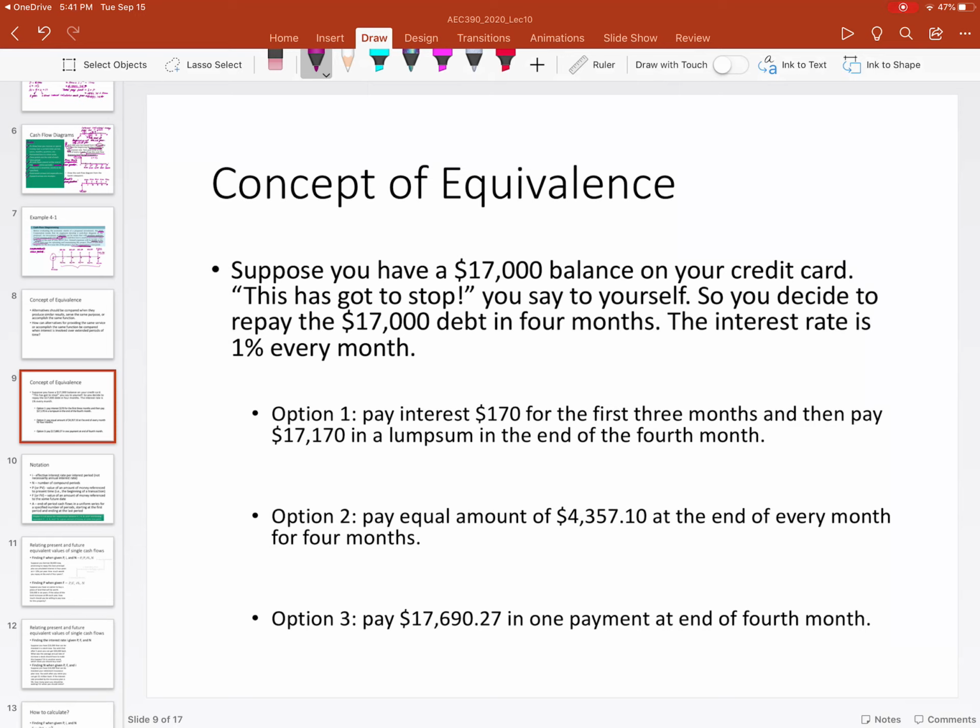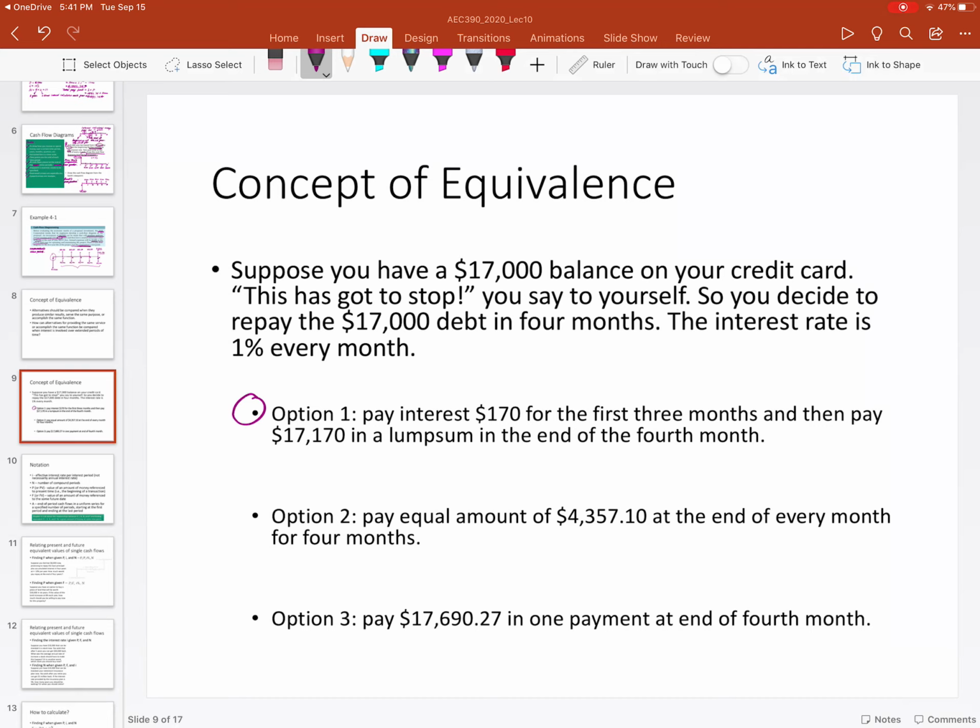Here, the purpose of these cash flows is to pay off that $17,000, which makes these 3 options equivalent, comparable options, because they are doing the same job. They pay off that debt, but they're different cash flows.